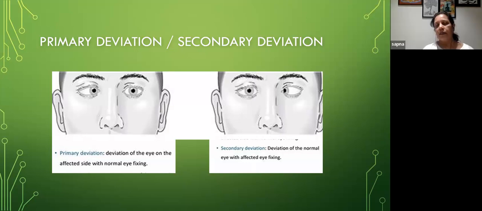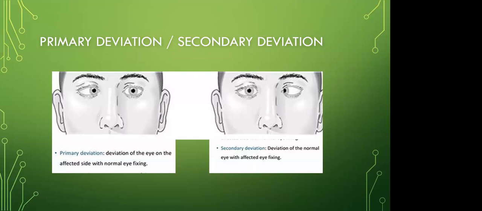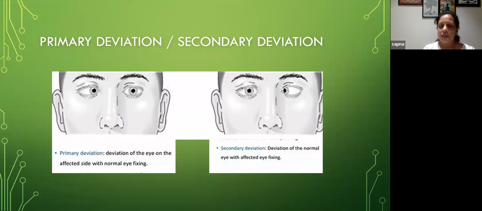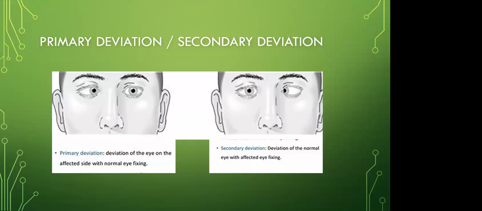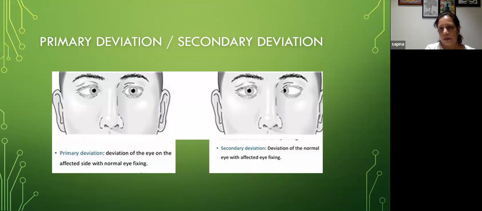Like when the PGs are not present in the class, they keep asking us. Okay. So when you are fixing with the left, supposing we assume that the right eye is a deviating eye and it has got sixth nerve palsy and it is in the adducted position. Okay, ma'am. So we are fixing with the left eye, which is the normal eye. Yes, ma'am. So that will not have much movement when you're trying to see the deviation.